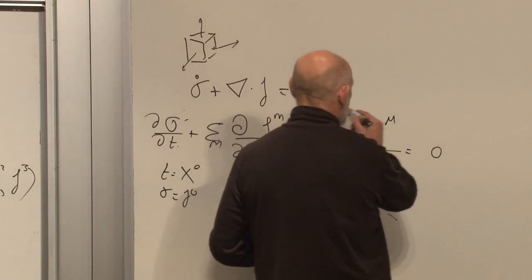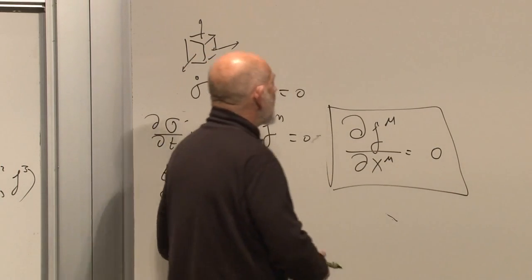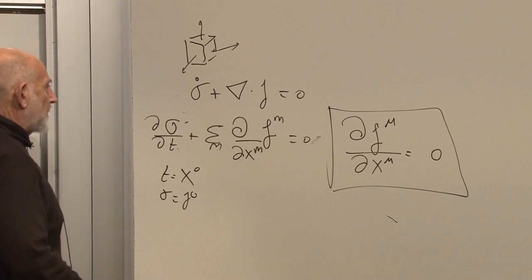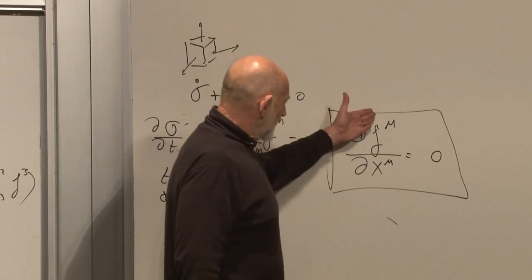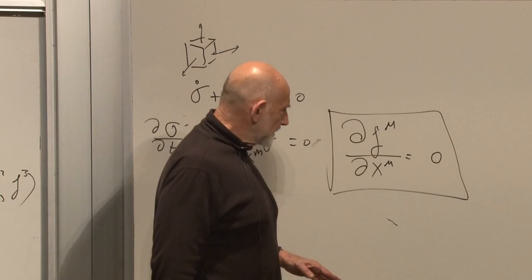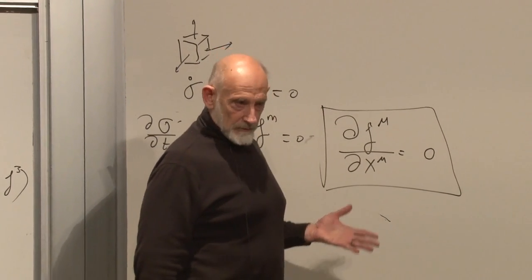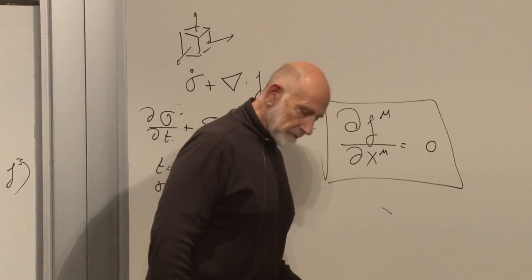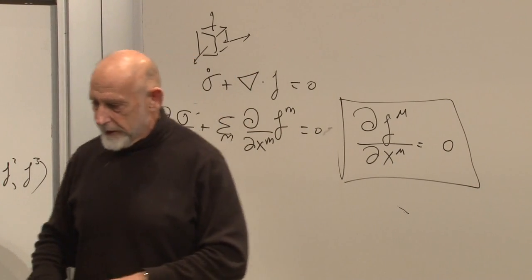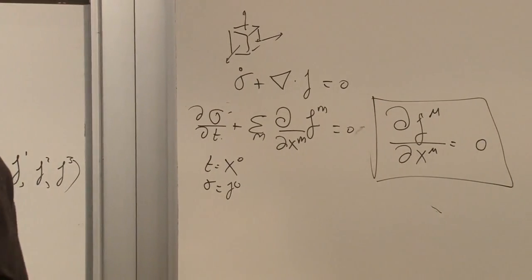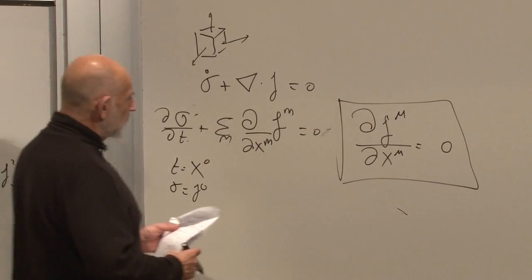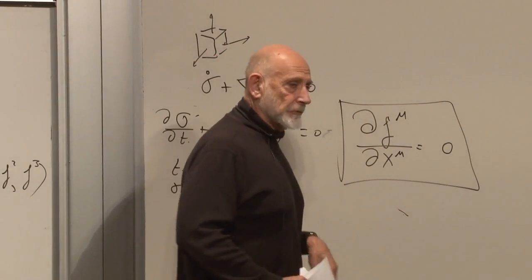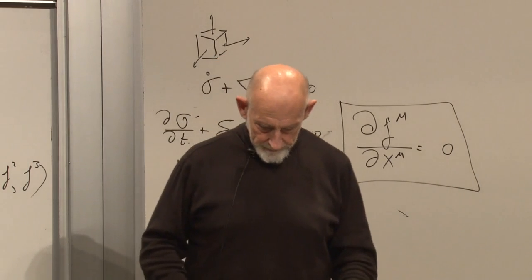So it becomes a nice tensor type equation. J is a 4-vector, X has 4 components of space-time, and this has the nice look of a good equation, the derivative of a tensor with respect to position.